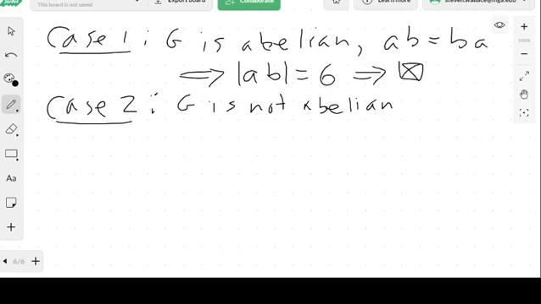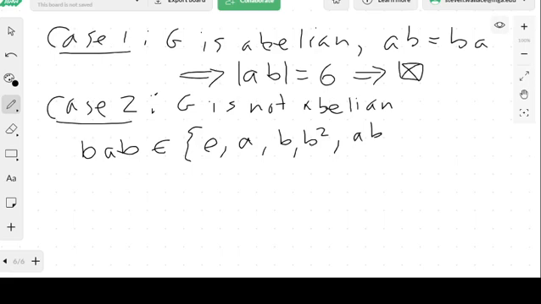In that case, we know that BAB, since the group is closed, must be in the set. Well, it can't be the identity, because if it were, then AB would be equal to B inverse. Let's go over the cases.